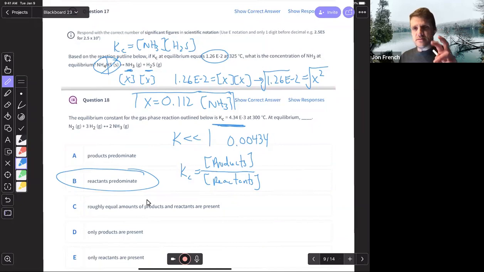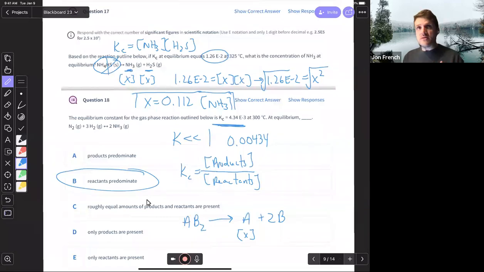Why it would be 2x and x? All right, if I had this reaction, AB2 breaks down into A and 2B, and I didn't know the concentration of A or B, I would set it up in terms of x, where A would be x.